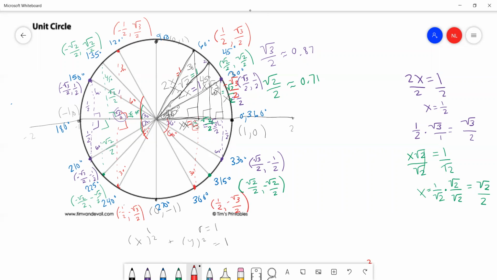If you can remember your coordinates right here in quadrant 1, you can really fill out this whole unit circle as long as you remember your signs in your quadrant. So again, here's our quadrants on a graph. We have quadrant 1, 2, 3, and 4.